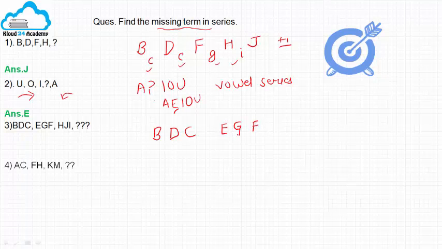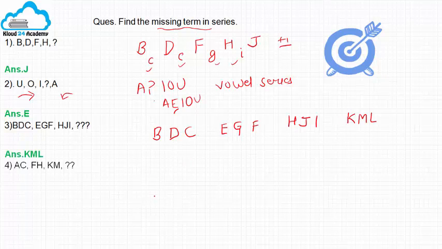The second alphabet will be at third position. I repeat, the second alphabet is at third position. So H, now the second alphabet is at third position, I, J. So we'll write K, second alphabet at third position, L, and third alphabet at second position, M. So this is the answer.